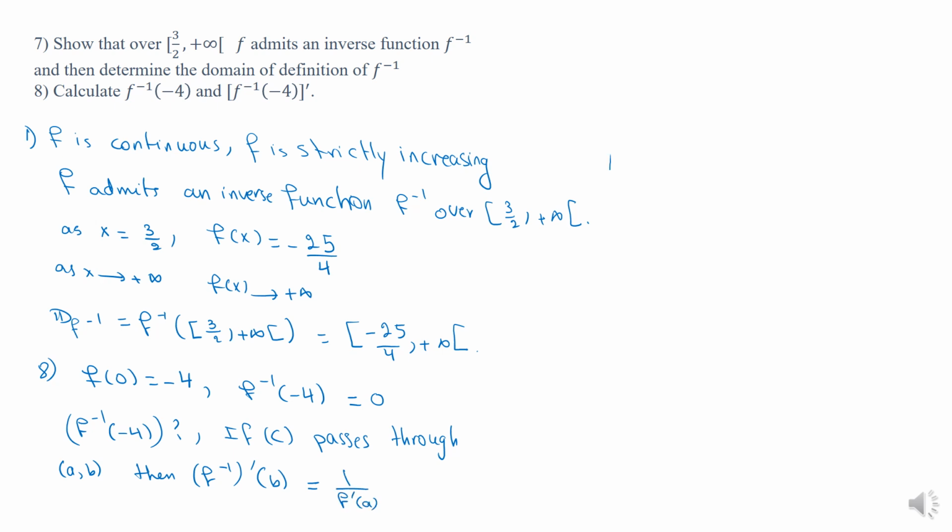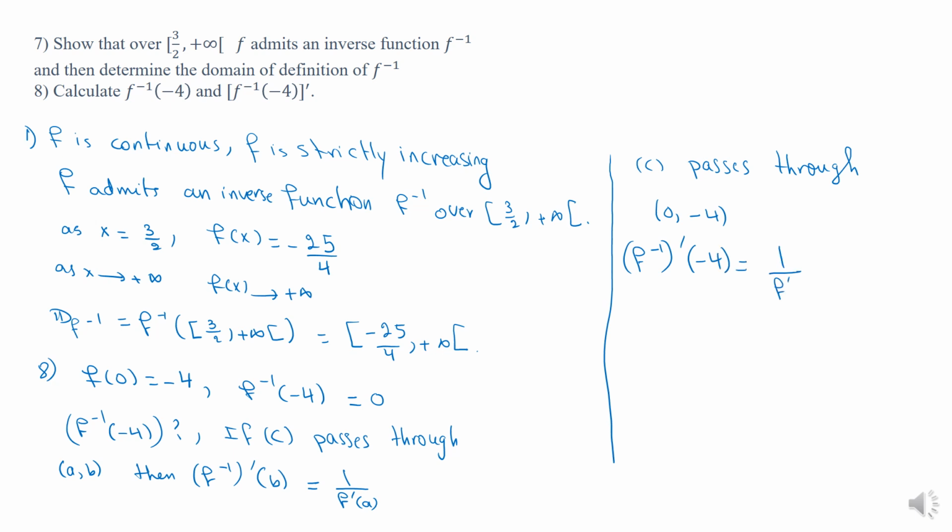Now here, the curve passes through (0, negative 4), which means that f minus 1 prime of negative 4 is the reciprocal of f prime of 0.